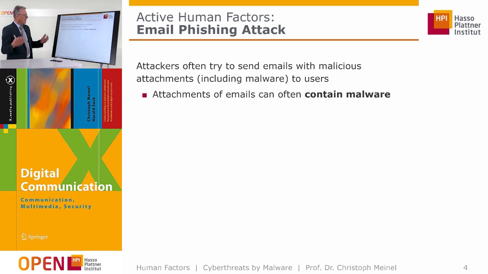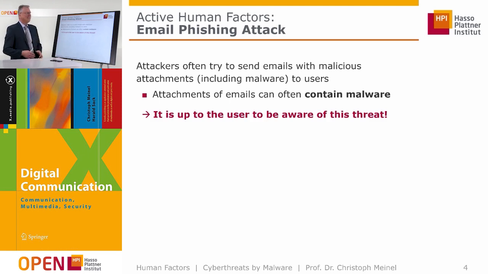If the user opens this attachment, then automatically the malware is installed. So here it is up to the user to be aware of this threat. An attachment from a source you do not know, you should not simply open, because it could contain malware, and then this malware is installed on your computer, on your system.